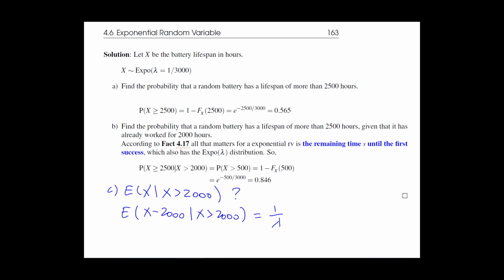So if the remaining time is 1 over lambda, then the question, what is the expected value of the lifetime of the light bulb, has to be 2,000, that's the present, plus 1 over lambda. Just because it's the remaining time that is exponential. It already lasted for 2,000, so the expected value would be 2,000 plus 1 over lambda.